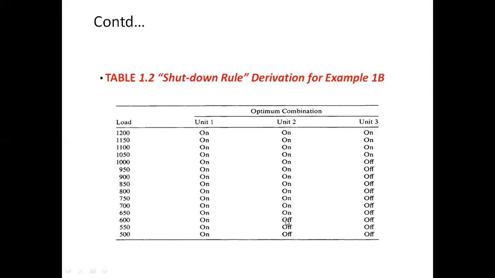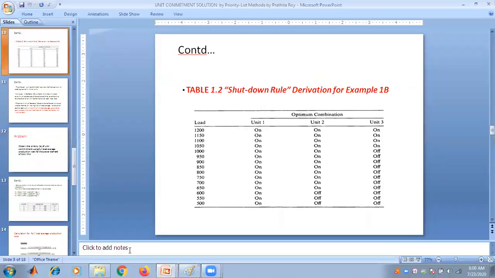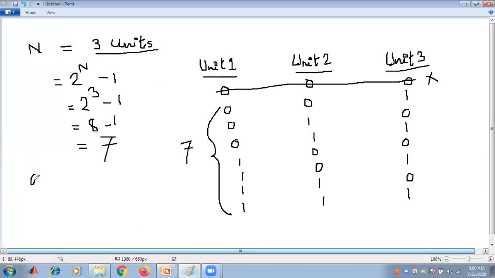In other words, from 600 to 400, both units are in on condition. Unit 1 is on and unit 2 is on.